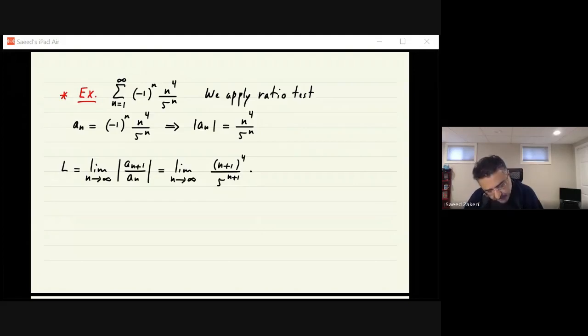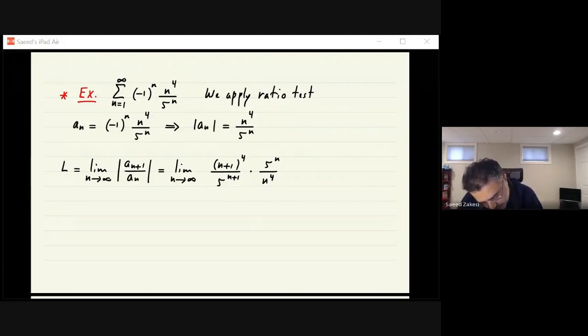Instead of dividing it by absolute value of AN, I multiply it by the reciprocal, which is times 5 to the n over n to the fourth. You see, this way, I don't have to work with outrageously complicated fractions, a big fraction on top of a big fraction, and then try to simplify things. This is much cleaner, writing it this way.